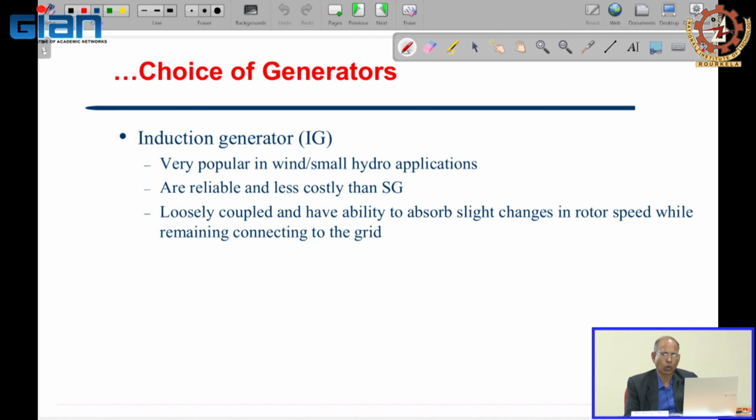They can absorb slight changes in the rotor speed. With the synchronous generator, you have to operate at synchronous speed. With the induction generator, you have some flexibility in the rotor speed while still remaining connected to the grid.